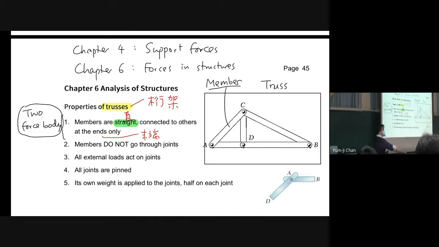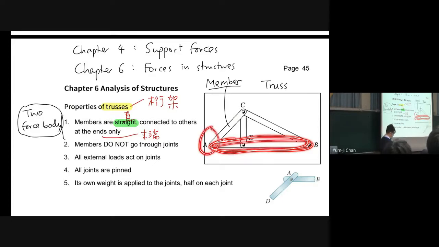That's the first thing. The second thing is members do not go through joints. You may ask me, we have a member ADE here, it is straight, and it has a joint at point D, so is it then a 3 force body?